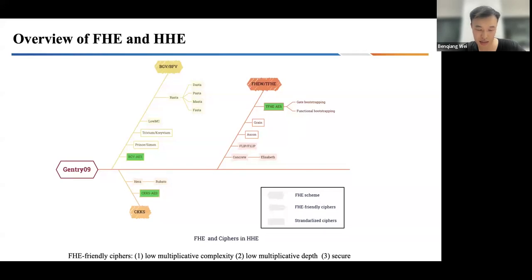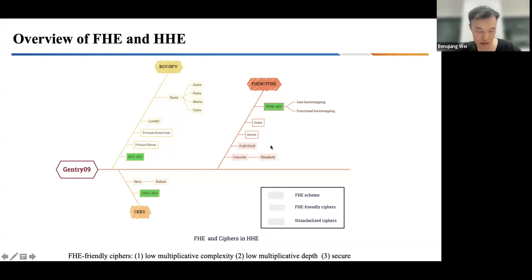And the second one is that many works try to design FHE-friendly ciphers, such as Rasta, a cipher designed for BGV or BFV schemes, and Hera or Rubato, ciphers designed for CKKS, and Kreyvium, a cipher designed for TFHE.